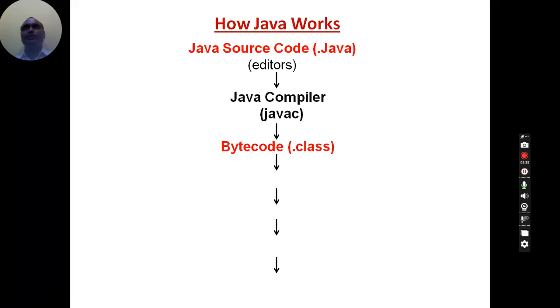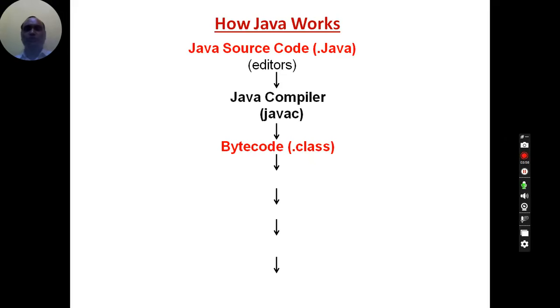This bytecode is not specific to any kind of processor architecture. It is independent of all processor architectures. This bytecode is understood only by the Java virtual machine. Only the Java virtual machine can understand this bytecode.